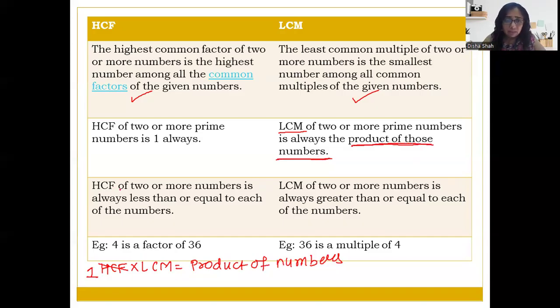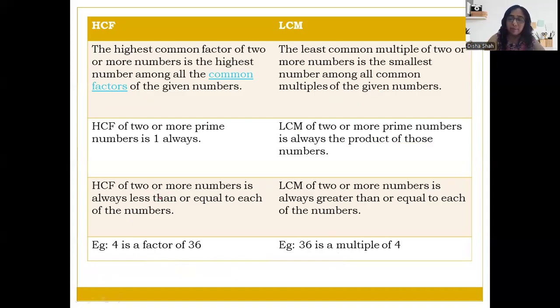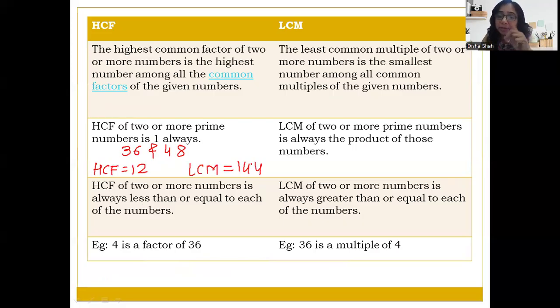Similarly, HCF of two or more numbers is always less than or equal to the numbers. For an example, अभी हमने HCF और LCM निकाला था किसका? 36 and 48 का. आपको पता है कि HCF आया था 12 और LCM आया था 144. Now HCF can never be greater than the number. So अगर नंबर 36 and 48 है तो इनका HCF कभी भी 36 के ऊपर तो हो ही नहीं सकता.